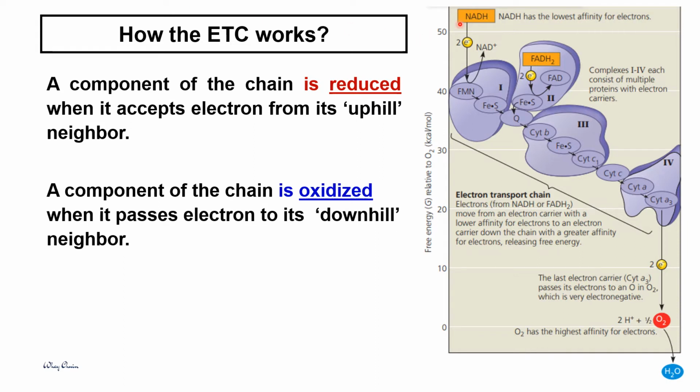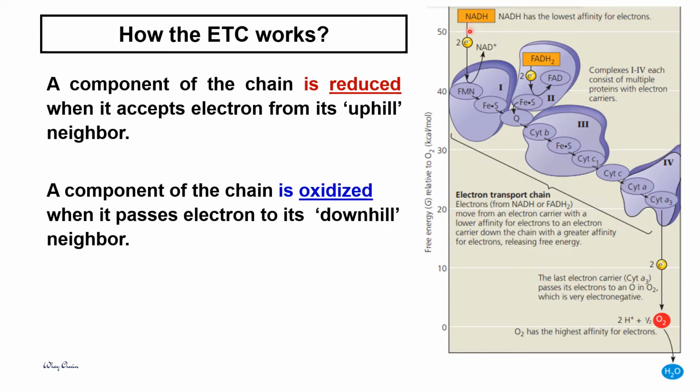For example, NADH, the electron carrier produced from glycolysis, the link reaction, and the Krebs cycle, carries high amounts of free energy, which makes it unstable, and it has the lowest affinity for electrons. This means that the attraction for electrons is the lowest.